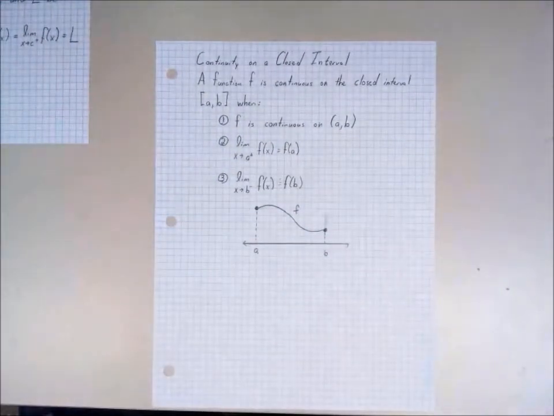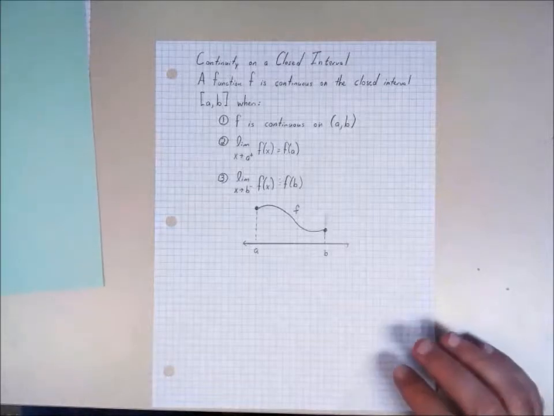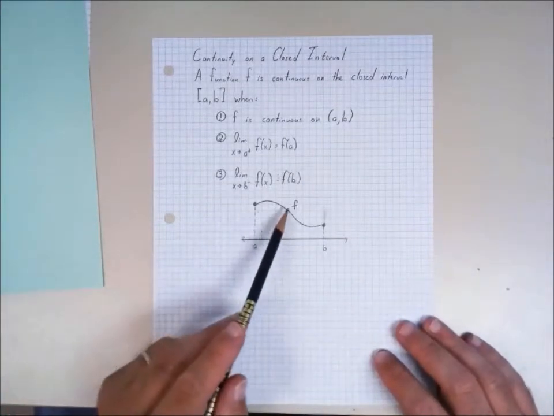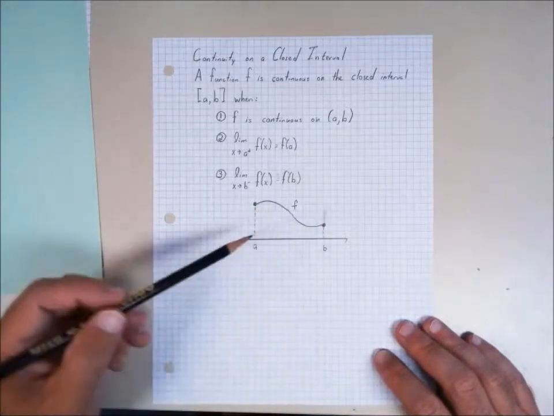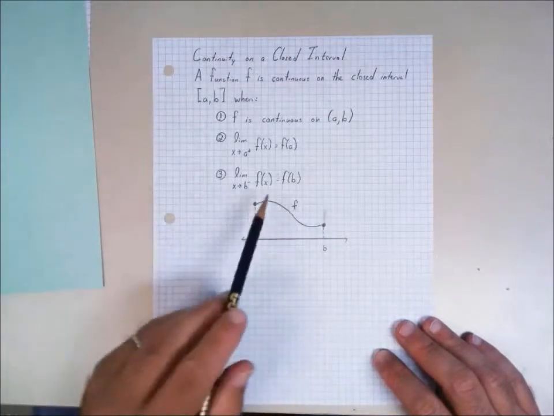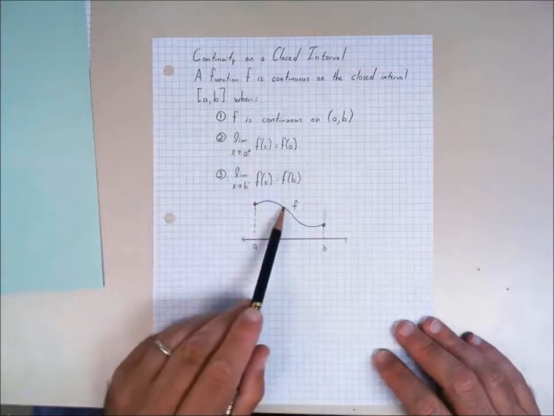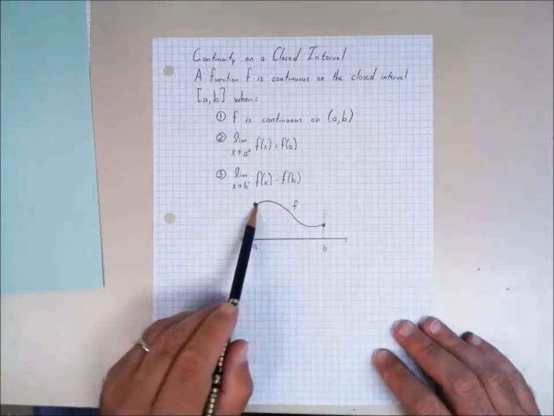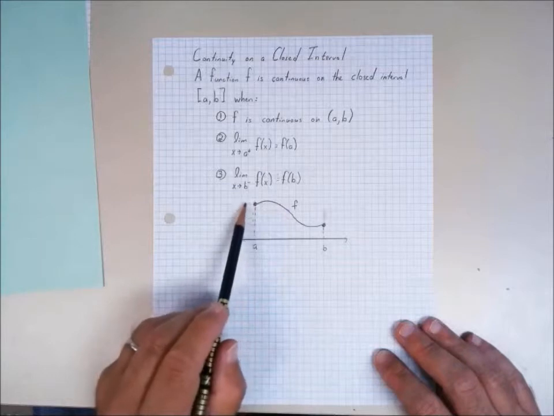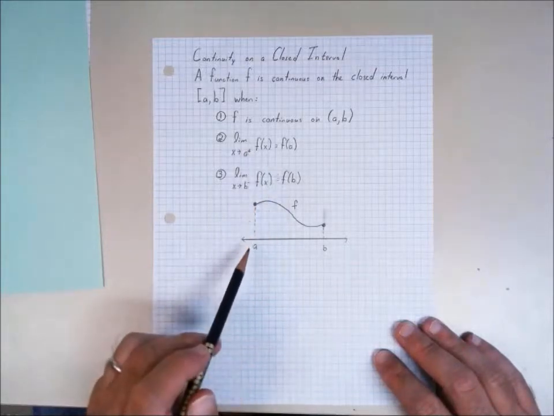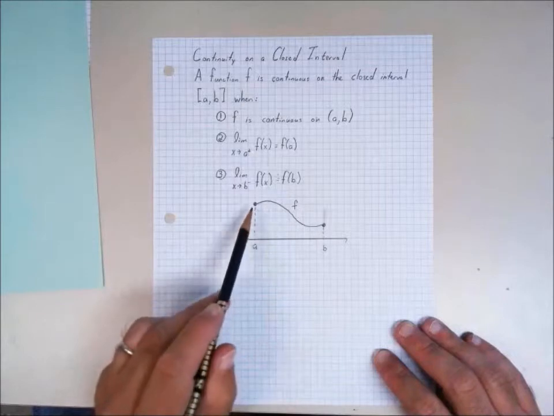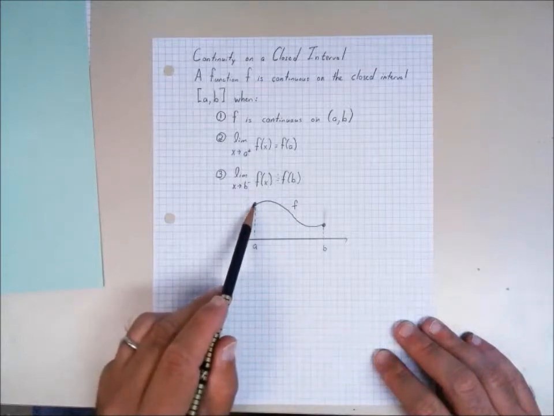Now, honestly, I think it's easier to see when you have an abstract graph here. Say you have f, and let's say it's continuous on the open interval. Well, if you look at a, when I'm saying it's approaching from the right, this is what I mean. Notice it's continuous. It's not continuous on the left. But based on this, as long as this value equals the same as what f of a would be, you're okay here.